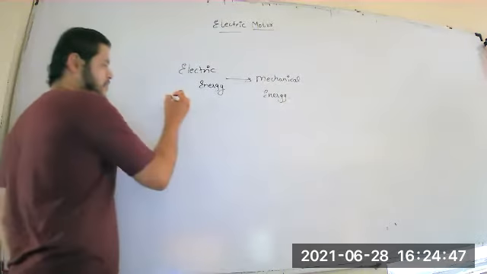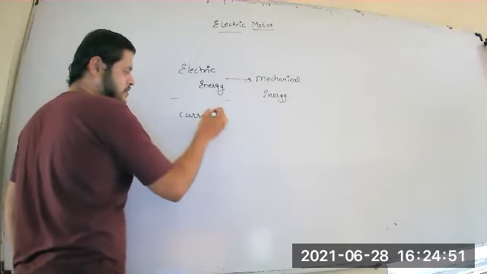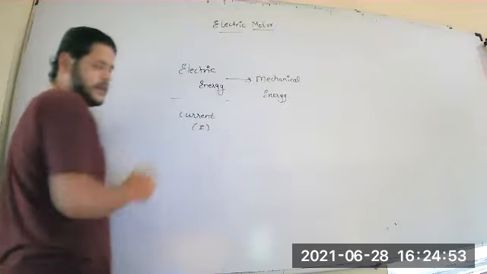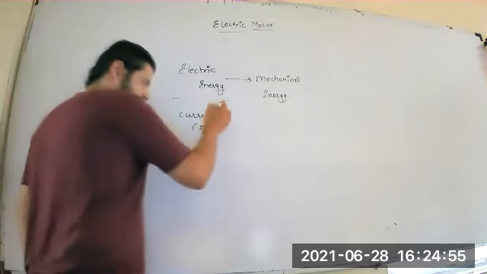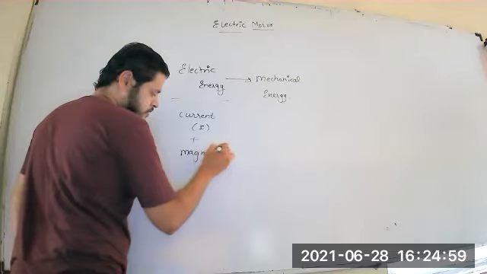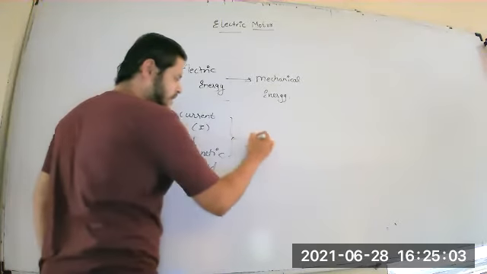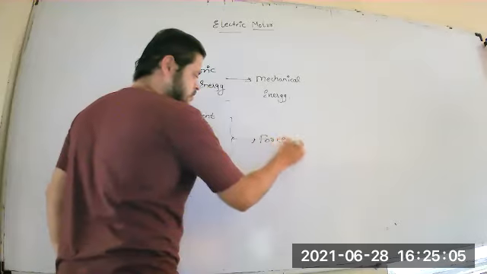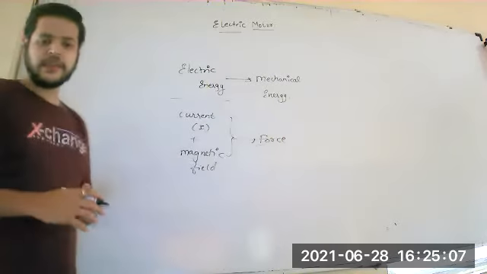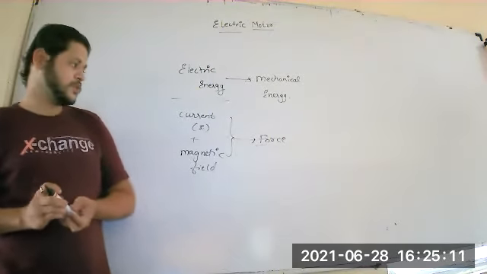So when we supply current, or in our terms, when we provide current, with a magnetic field, these both result in generation of force. Okay, this is what we have seen. And why Fleming's left-hand rule is used.